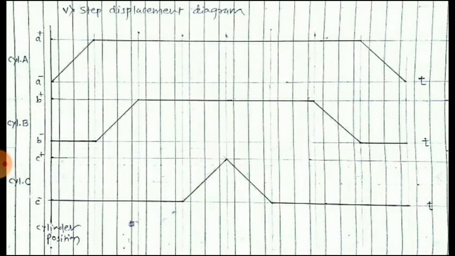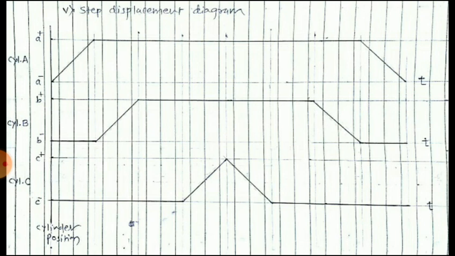Then the step displacement diagram. So you will know the cylinder position with respect to time. On the x-axis for each cylinder there will be the time, and on the y-axis there will be the cylinder position.